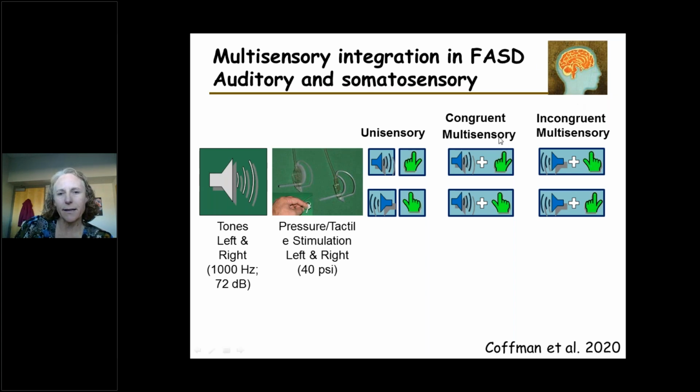This design is interesting because you look at both unisensory responses, so left ear, left finger, right ear, right finger, but you can also present them simultaneously, so left sound and left finger simultaneously. This is the congruent multisensory condition, and then you can look at incongruent, meaning that you have right sound with left finger, for example. This is something that your brain shouldn't really integrate naturally because it's coming from a different side of the body. So you wouldn't envision that this would be something that your brain would want to put together.